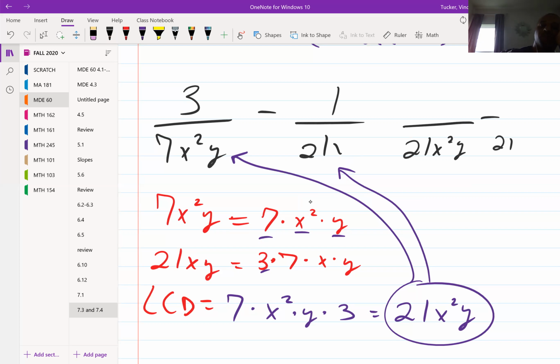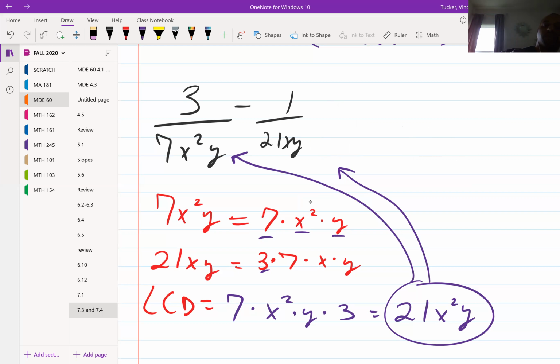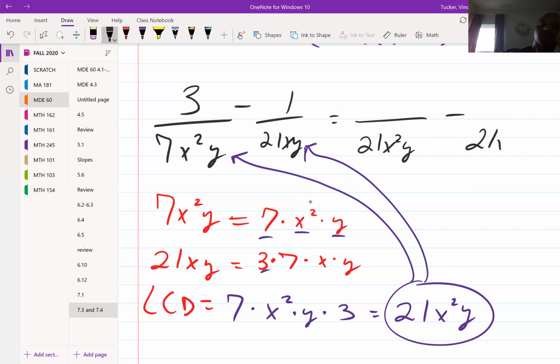Need more room. So I want both my denominators to be 21x squared y.